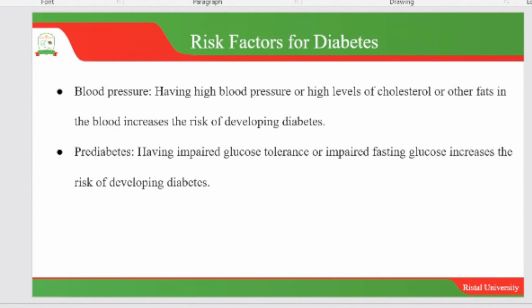Then pre-diabetes. Pre-diabetes is a period where the person has impaired glucose tolerance or impaired fasting glucose, and this increases the risk of developing diabetes. This is a period that happens before the person develops diabetes, but the person starts having some signs like she's having diabetes.